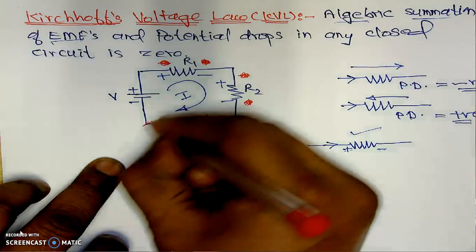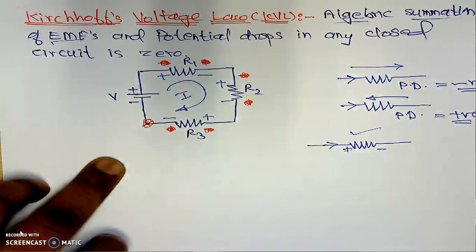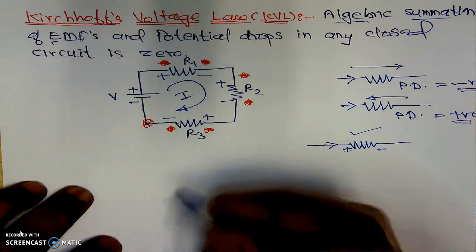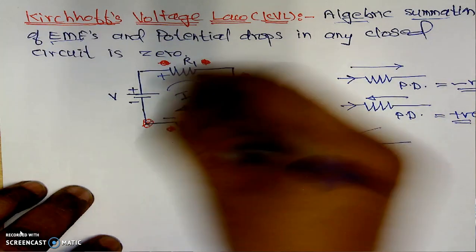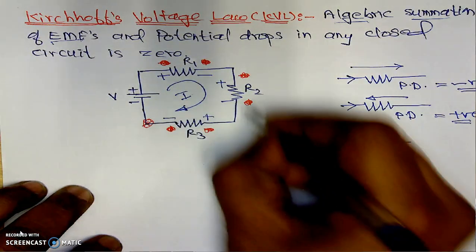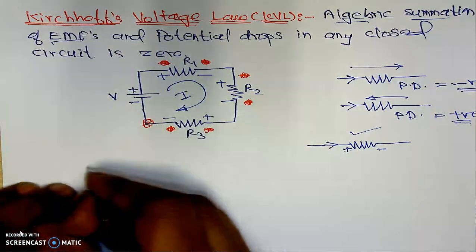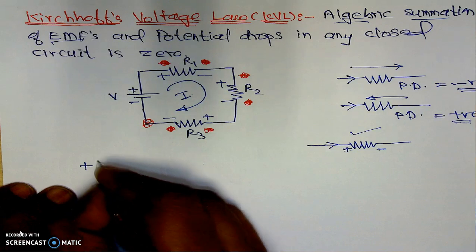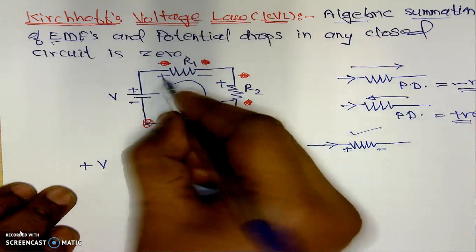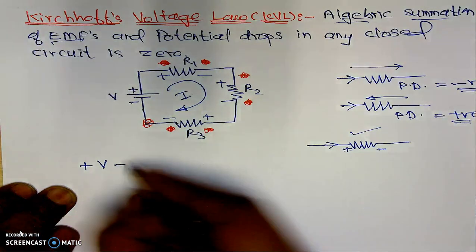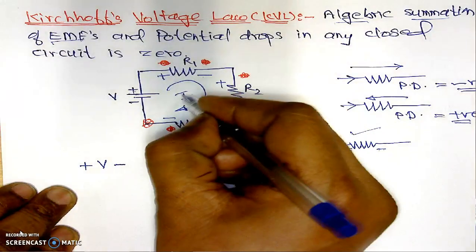Now we will apply the KVL, starting from this particular corner and moving around the loop clockwise. We could travel anti-clockwise also, but here, negative to positive, its EMF or voltage will be plus V. Then traveling from positive to negative, that is minus. Its potential will be its current into its resistance.